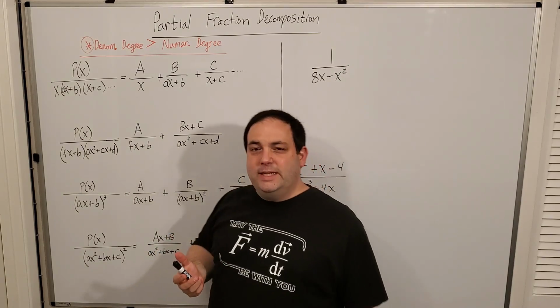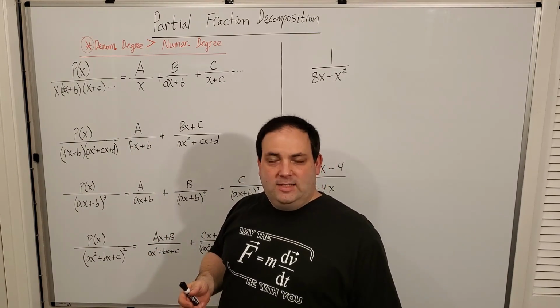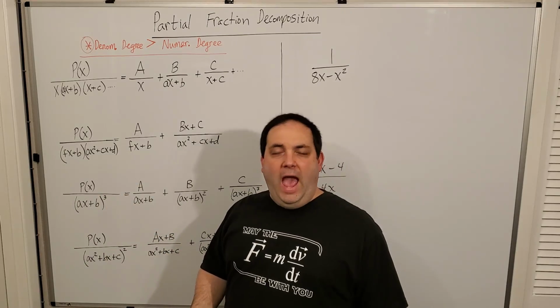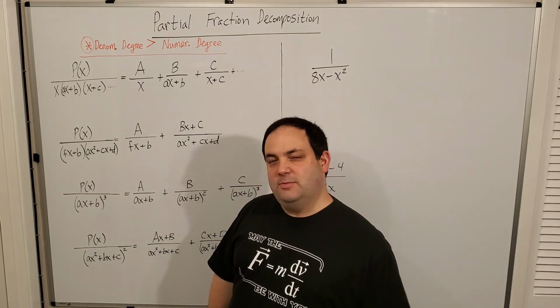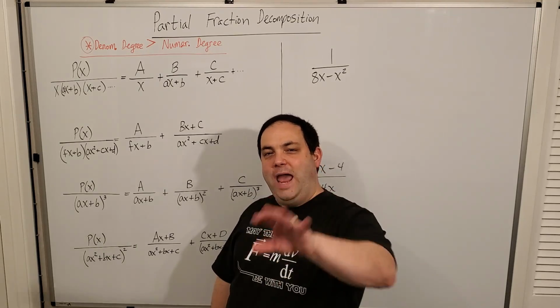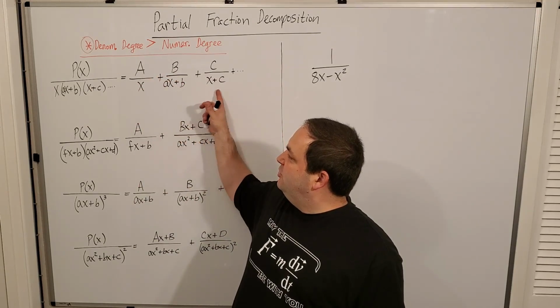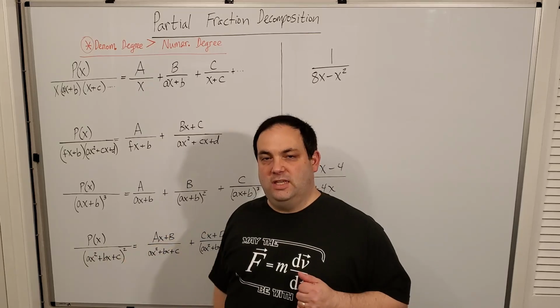So really what we're doing here is all algebra. It's reverse adding fractions. It's unadding fractions, right? So it's not subtracting fractions, it's unadding them. In other words, breaking them up into the separate fractions that each have different denominators.